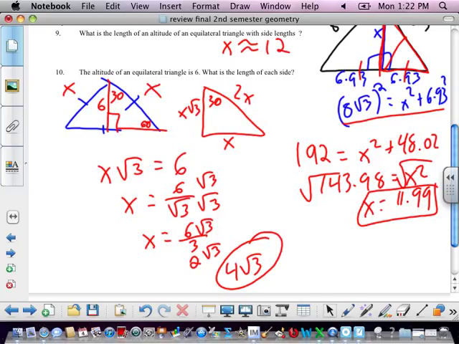If you multiply that by 2, it gives you the hypotenuse, which is all the sides of your equilateral triangle. All right, that was number 10. 5 more to go, guys. Then I'll give you some time to work on in class if you have time. You times it by 2 because you want the hypotenuse.